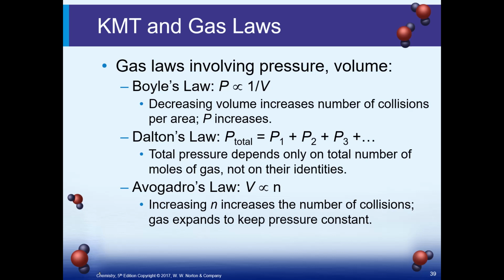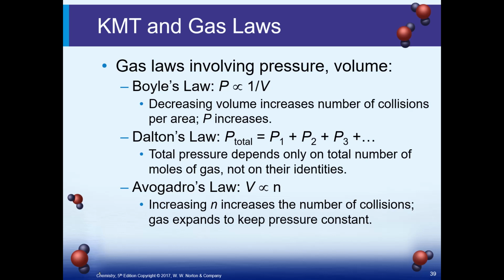Dalton's law tells us that the partial pressures of each of the gases in a mixture add up to the total pressure. And that kind of goes along with kinetic molecular theory, because the total pressure depends only on the total number of moles of gas, not on what gases we have. Avogadro's law tells us the volume is proportional to the number of moles.